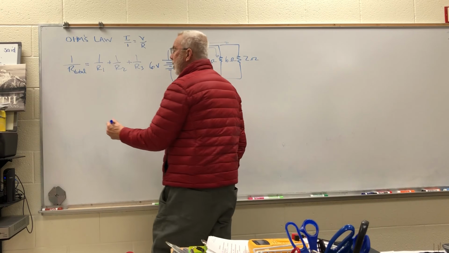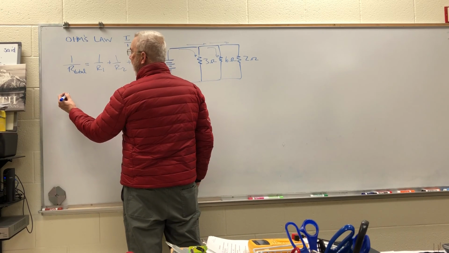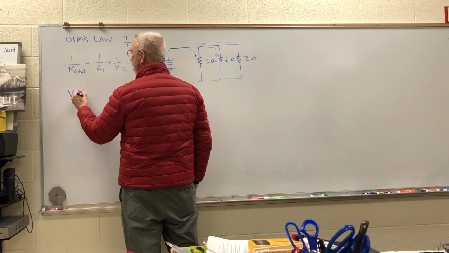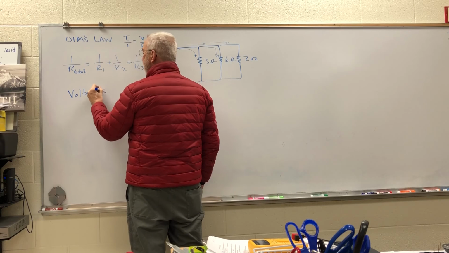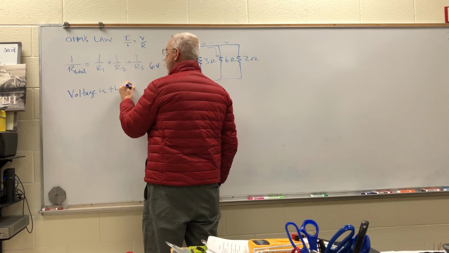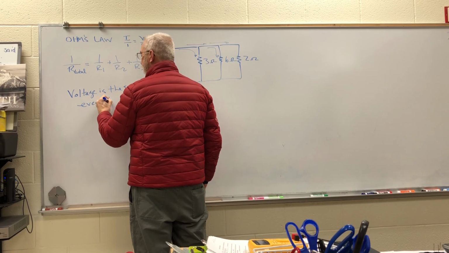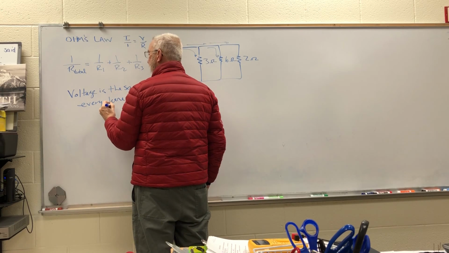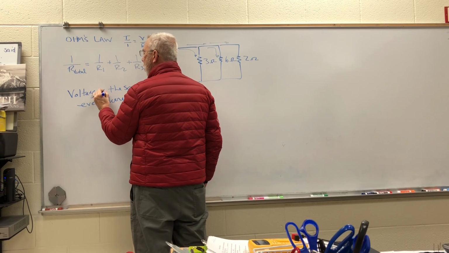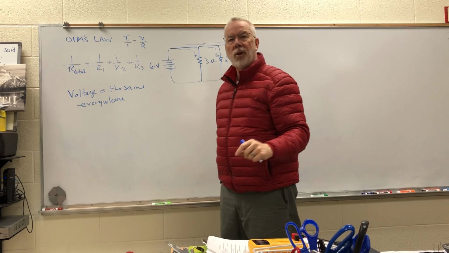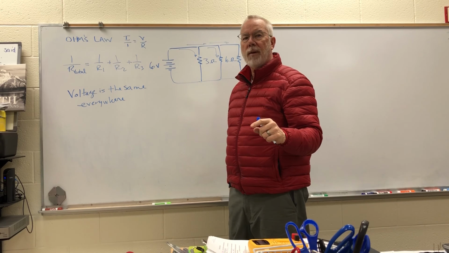Another thing that we need to know about this is that the voltage is the same everywhere. If you'll remember, in the series circuit, it was the current that was the same everywhere.